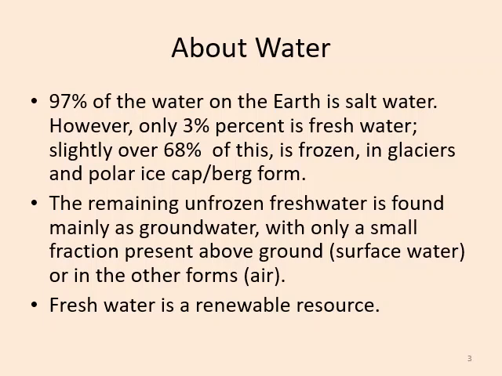The remaining unfrozen fresh water is found as groundwater, which we can take out and further consume. A small fraction is present above the ground, named as surface water, and a minor amount of water like moisture content in the air we will get. Fresh water is a renewable resource.